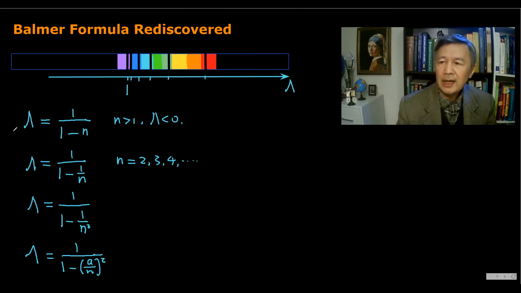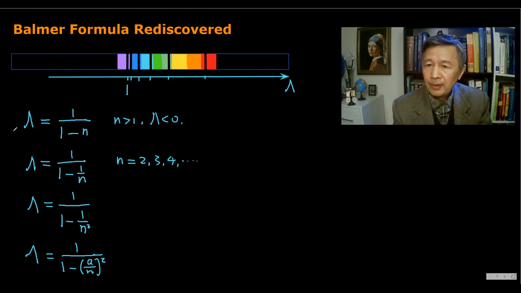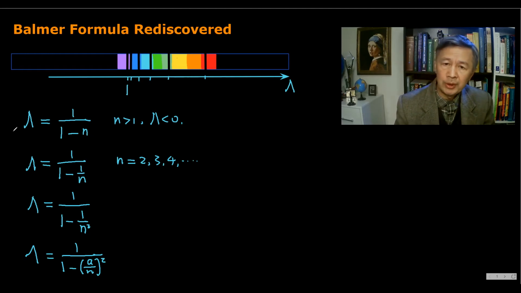So these are four trial and error methods you can use if you want to find an empirical formula based on experimental observation.